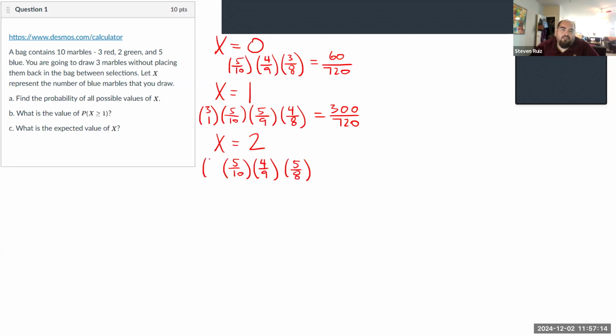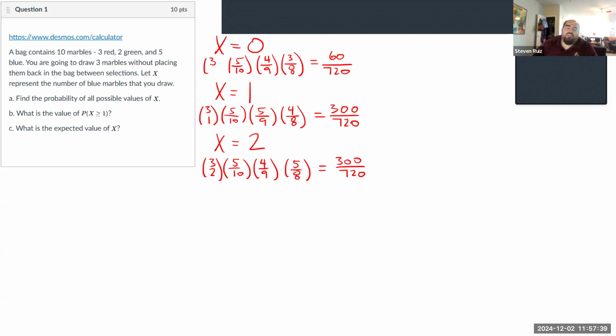But I have to think about the 3 choose 2 combinations that I could have done to put those marbles in those positions. That again is going to be 300 over 720. And just to show the symmetry here, I didn't do this combination step here, but I could have.